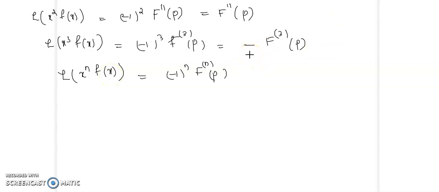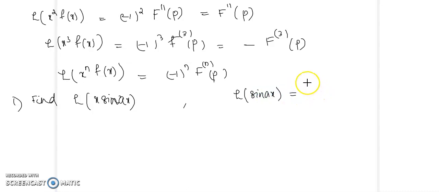Now let us look at an example. Find the Laplace transform of x sin ax. We have the Laplace transform of sin ax as a by p square plus a square.